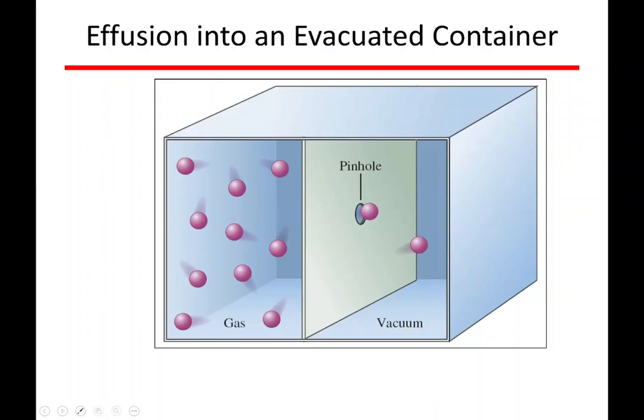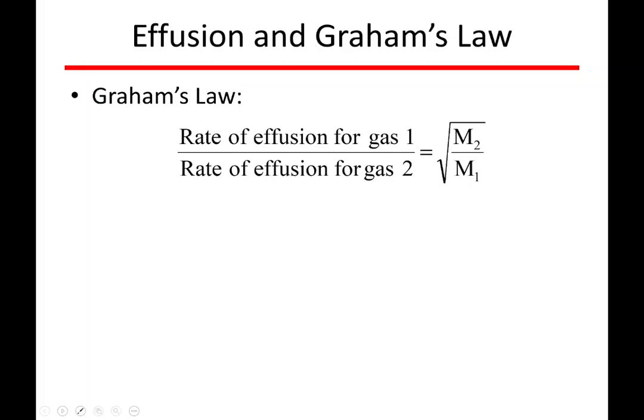Now, we can talk about rates of effusion for gases. And one thing that's commonly done is studying this by what's called Graham's law of effusion, which allows us to compare the relative rates of effusion for two different gases. Graham's law says that the rate of effusion for gas 1 divided by the rate of effusion for gas 2 will be equal to the square root of the molar mass of gas 2 over the molar mass of gas 1.